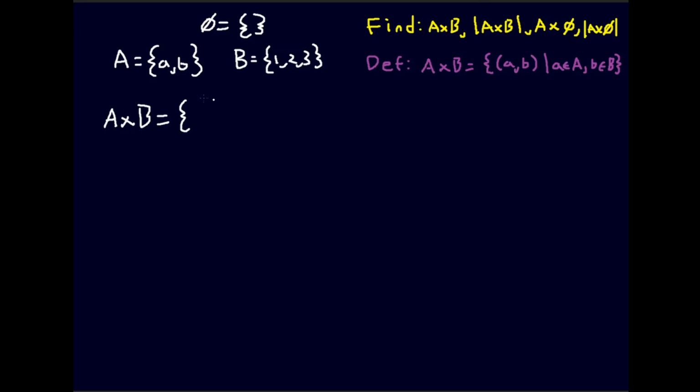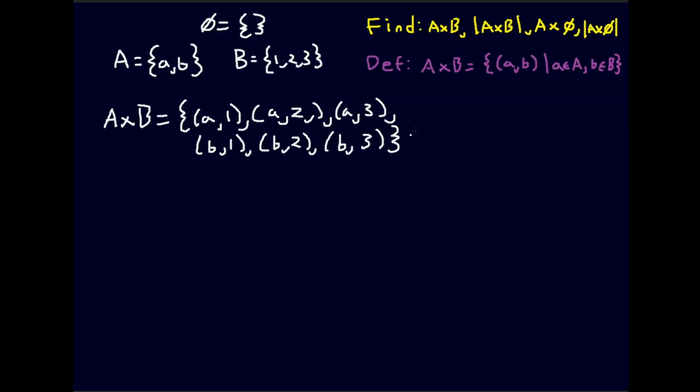And with the magic of editing, okay, and that's it. So remember that A1, A2, A3, and then B1, B2, B3. Again, if this was B and A, it would be different ordered pairs. So just be sure to double check which order is which.